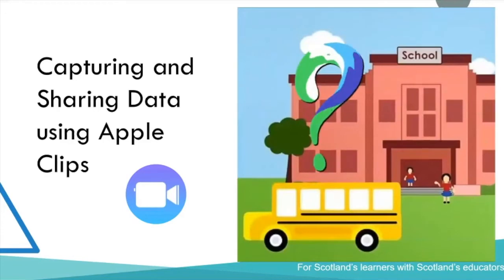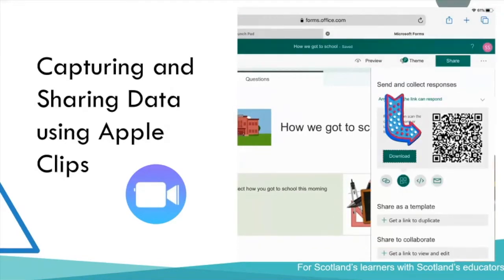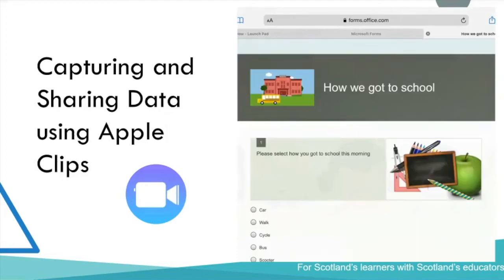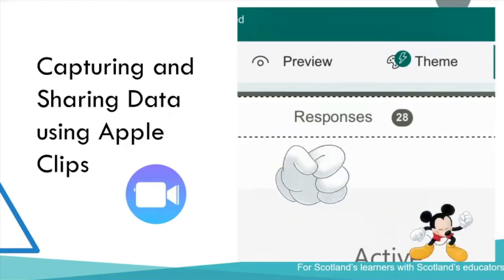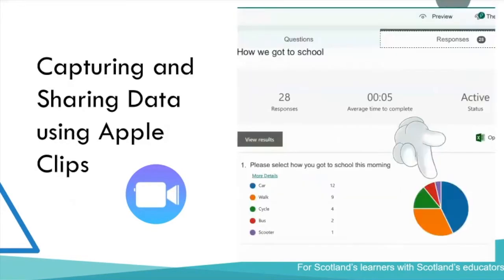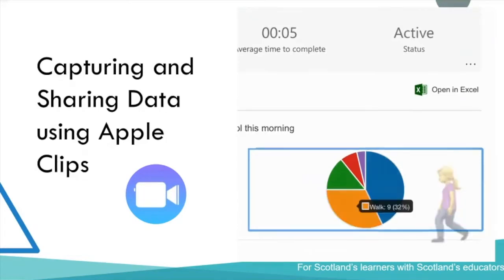We wanted to find out how we got to school. We created a Microsoft form in Glow. We shared the form with our class using a QR code. This was our form. There were 28 responses. We could see the responses in a pie chart. If we clicked on the chart, we could see the percentages.